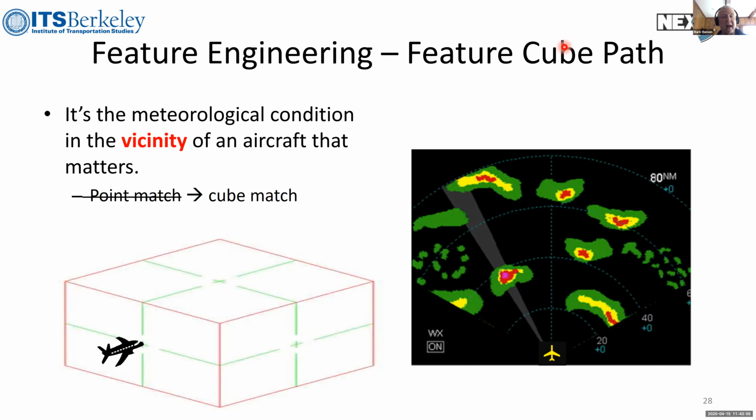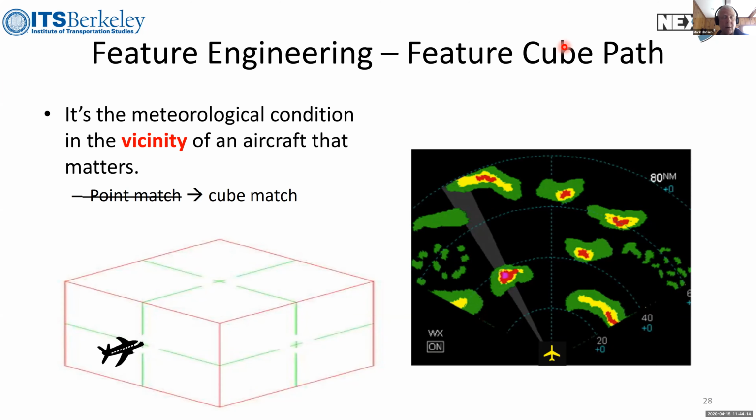So we imagine a flight at some particular point, and it sees a cube of different conditions involving wind, convective weather, temperature, and other factors.